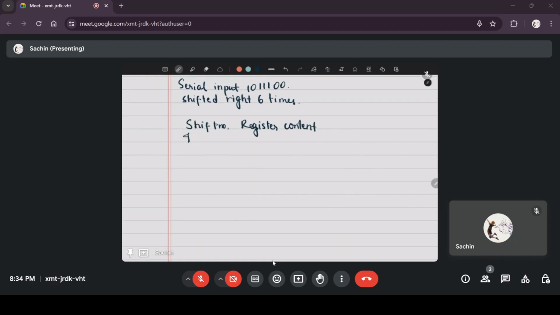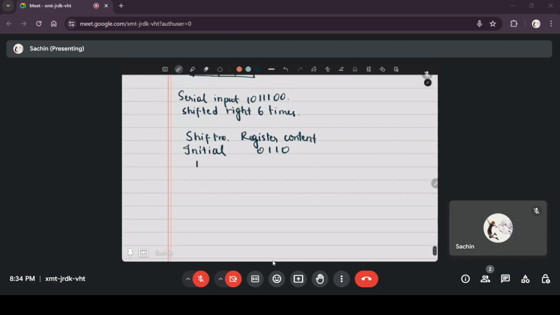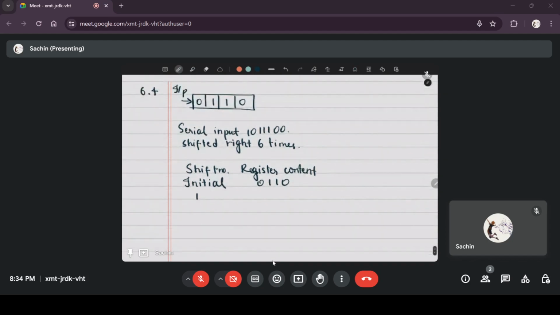So initial contents are 0110. After the first shift, the LSB of the serial input, 0, is shifted to the MSB of the register, and each of the bits of the register is shifted one place to the right, and the LSB of the register is discarded.